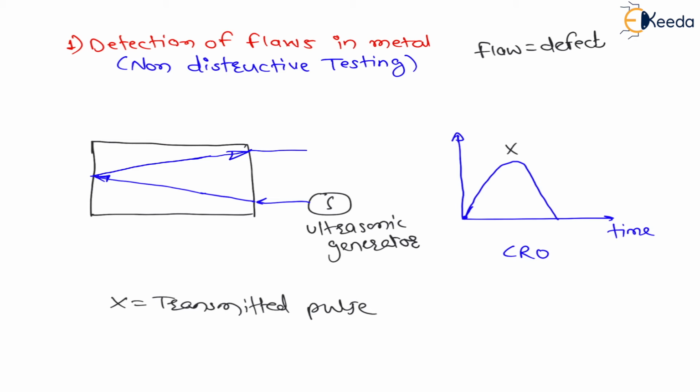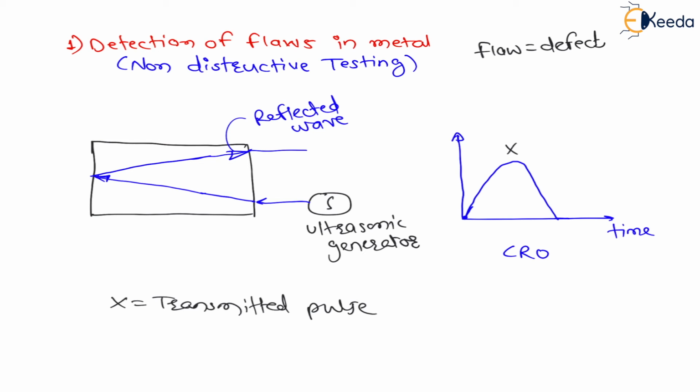This is called the reflected wave. For the return it will take the same time as the transmitted pulse. Therefore during return, the graph will be somewhat like this.